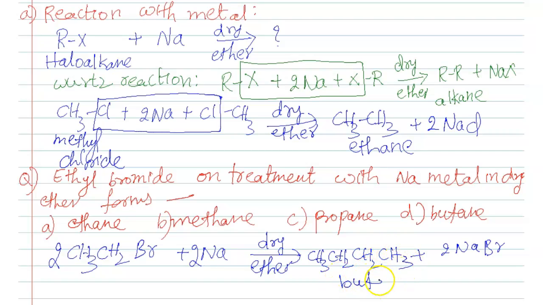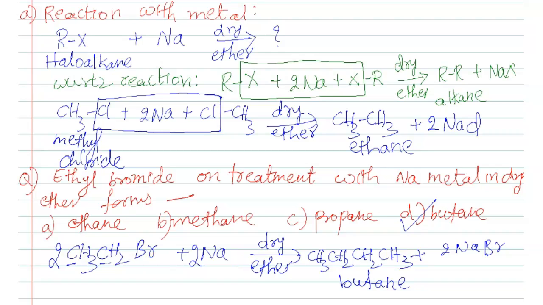So this is butane, and the answer is butane. Normally the number of carbons is simply doubled. We took 2 carbons, it gave 4 carbons. So in the Wurtz reaction the number of carbons will be doubled, and we can get only even numbers of carbons, but we cannot get an odd number.